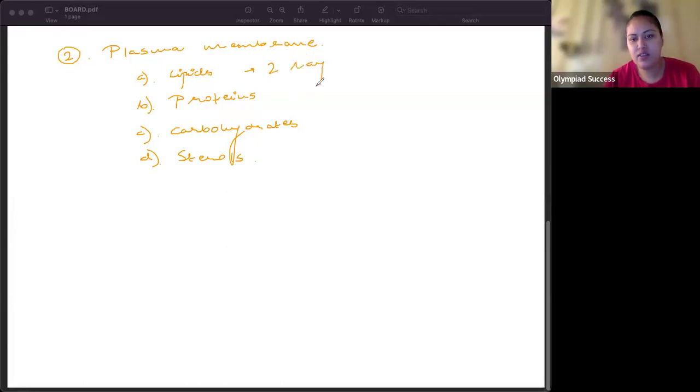If you look at a lipid molecule, it is made up of a head, which is made up of glycerol, and it has two chains which are made up of fatty acids. So this head is made up of alcohol, specifically glycerol, and the tails are made up of fatty acid.